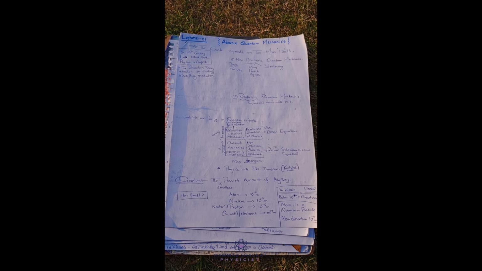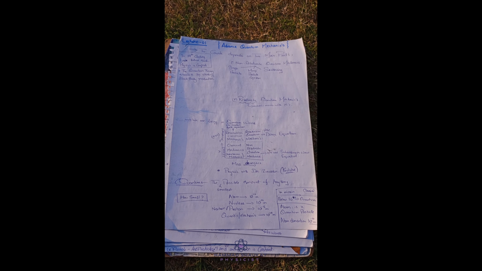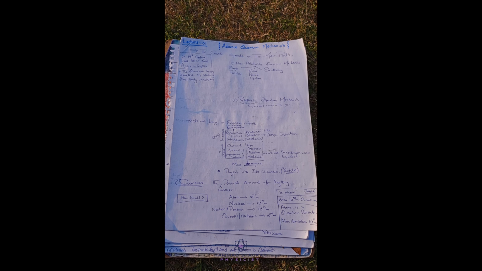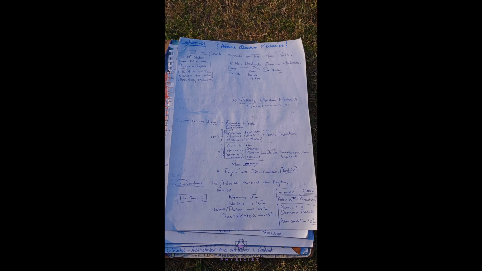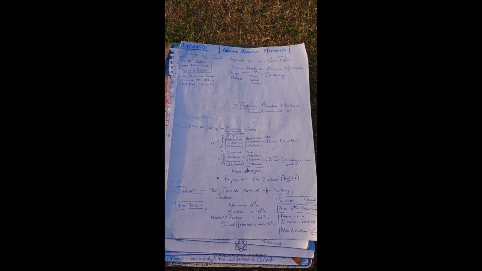Non-relativistic means it surely has speed less than the speed of light, because nobody has speed more than the speed of light. If it is equal to c, the speed of light, you can say relativistic. If it is less than the speed of light, you can say the body is non-relativistic. So these are the two main parts of quantum mechanics.